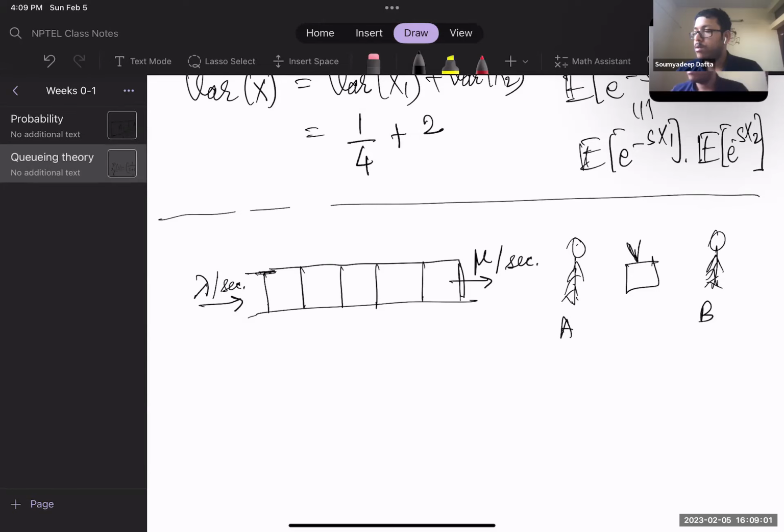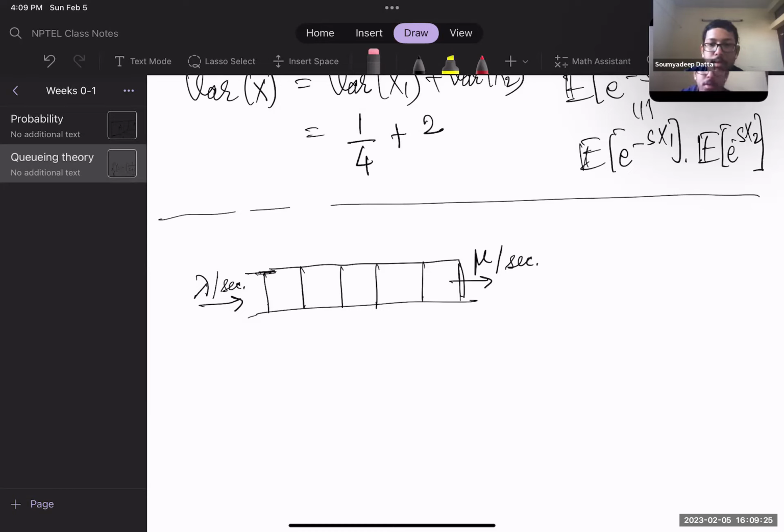So the router will maintain something like a queue where packets will be coming in at a rate, let's say, lambda per second, and it will leave at a rate mu per second. So this is kind of realistic; problems can be modeled with queues, right?